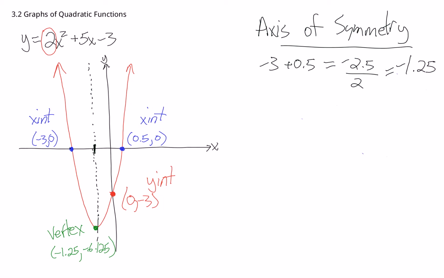You can do it that way, taking any two points and averaging them. Or the easier way is to look at your vertex location, and you can see that the first value of the vertex, the x-coordinate, is going to be your axis of symmetry.